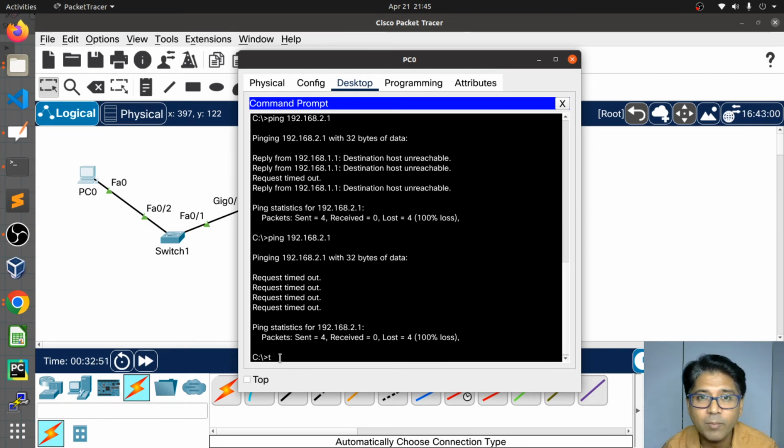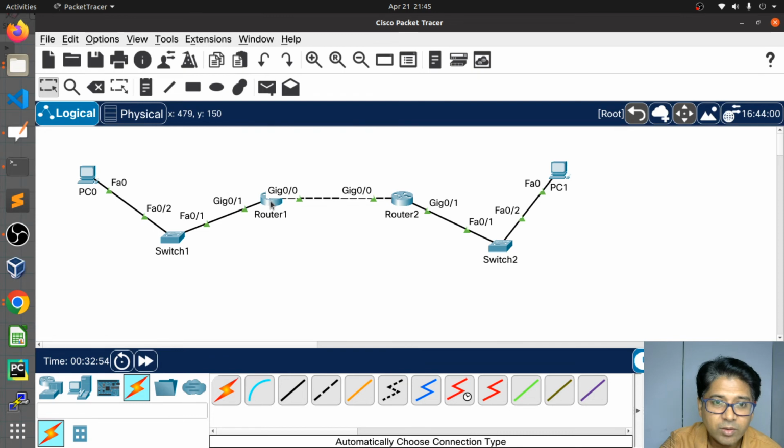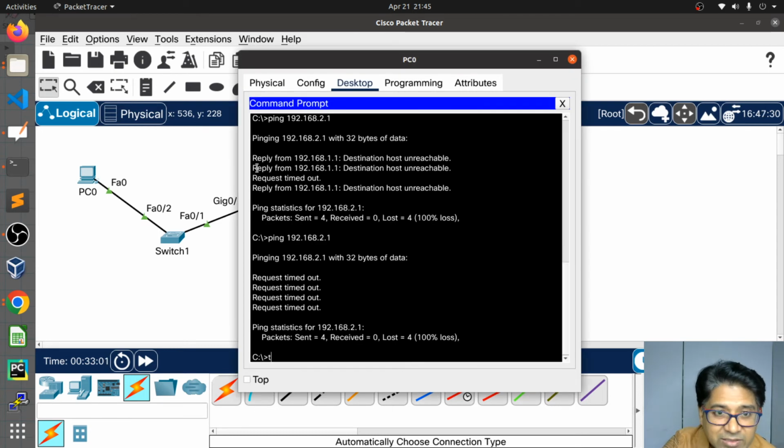Because there is no problem with my router, right? There is no problem with router 1. If there were a problem, he would reply back as he was replying earlier. Are you agree or not, guys? Earlier, when the router knew the problem was there, he replied back.